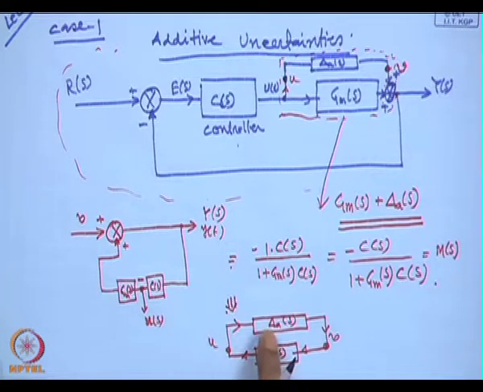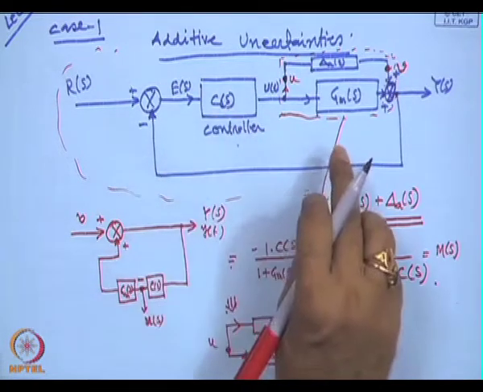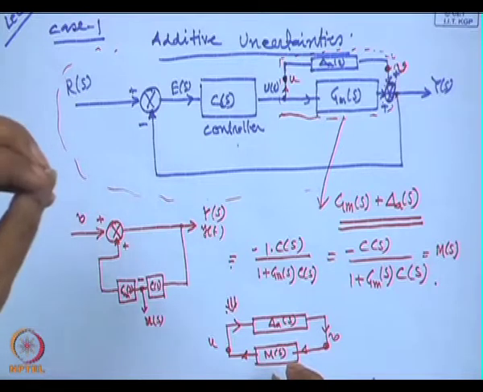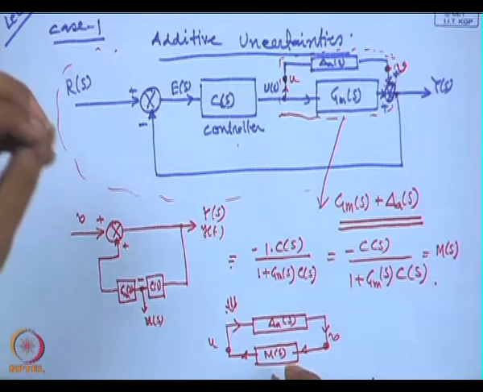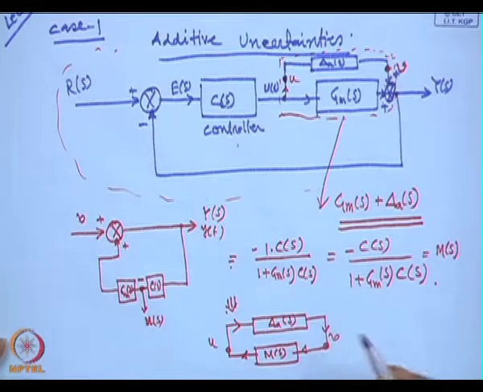Also, you have to find how big this perturbation delta A of S can be so that the designed controller C of S based on the plant model will stabilize this. In that case I call the designed controller robust in the presence of parameter perturbations. So, that is our problem to be stable.